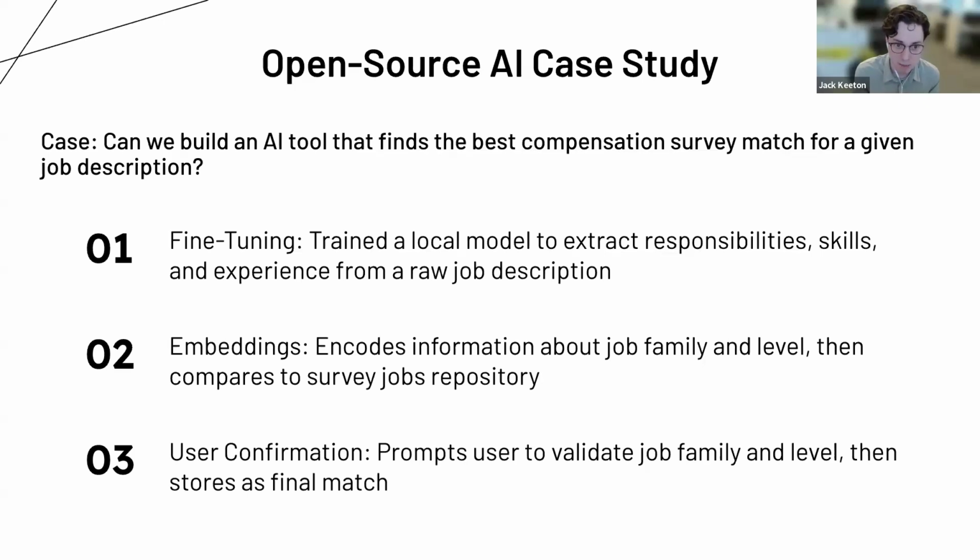And then our second step is embeddings, just like we talked about. We encode the information from a job family and the level, like manager, VP, etc., and compare it to a survey, basically. An important distinction on this second step is that on the previous slide, we were comparing words. And that's how this all started.